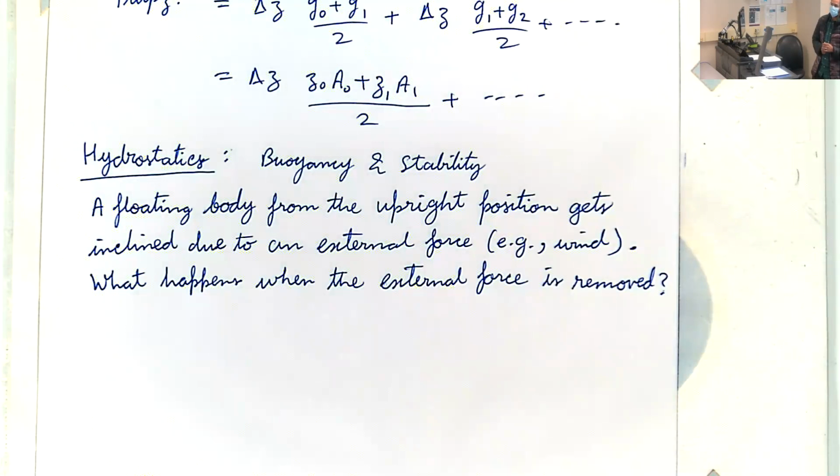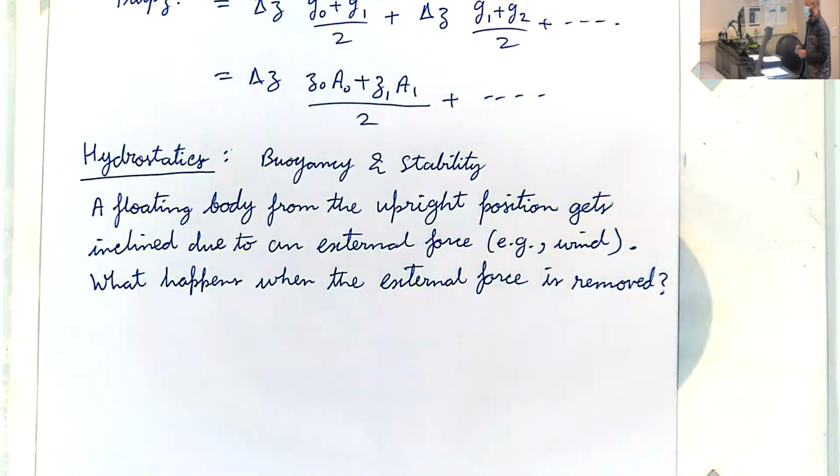That's not the only thing that can happen. If the shape of the body looks a certain way, the wind will push it all the way over and it'll roll over. Think of a very wide hull ship.